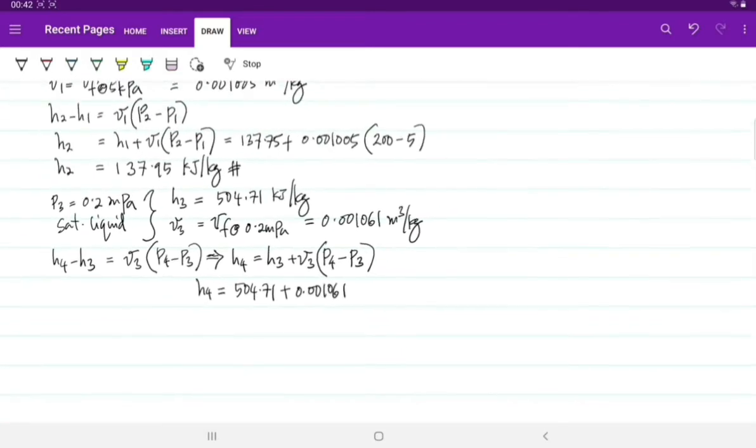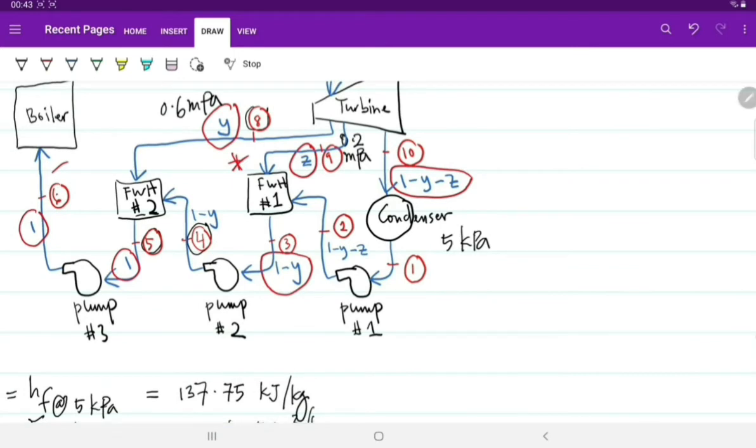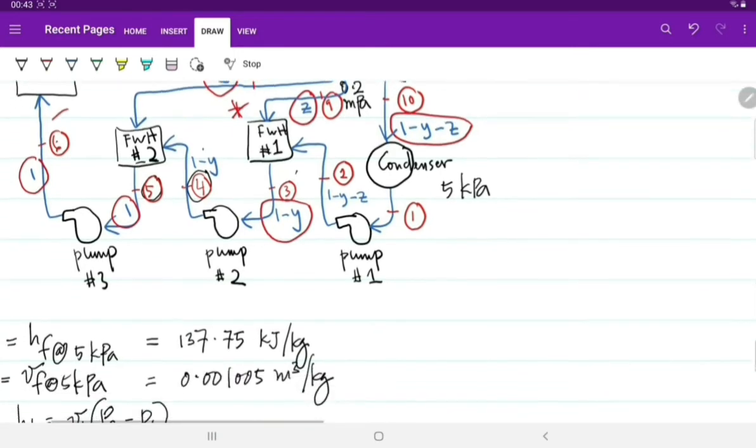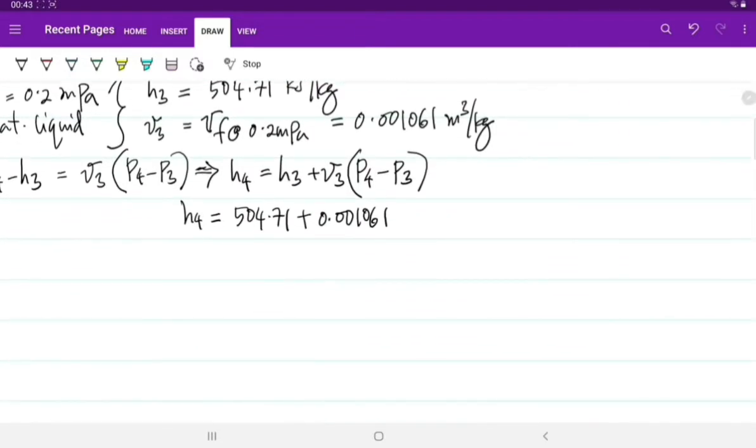So the pressure at 3 is 0.2 megapascal, pressure at 4 is 0.6 megapascal. So you have 0.6 megapascal is around 600 minus 200.